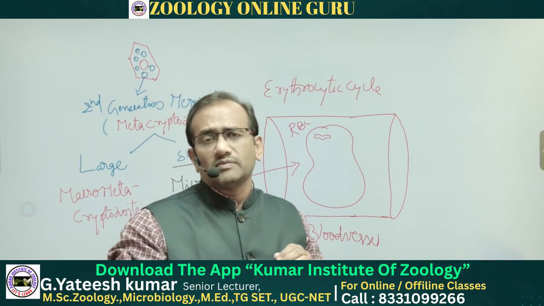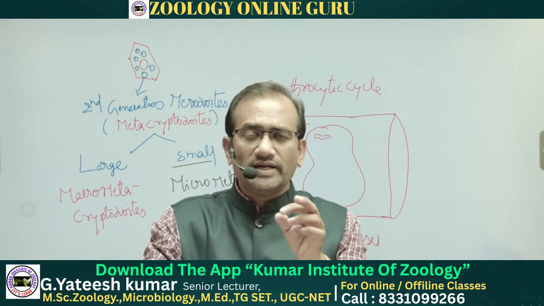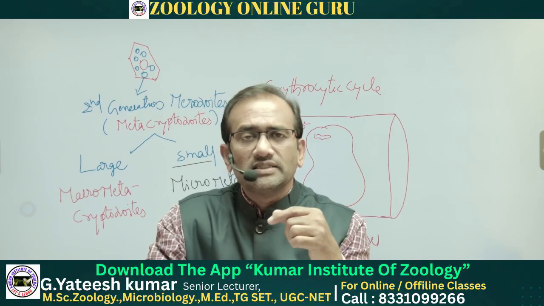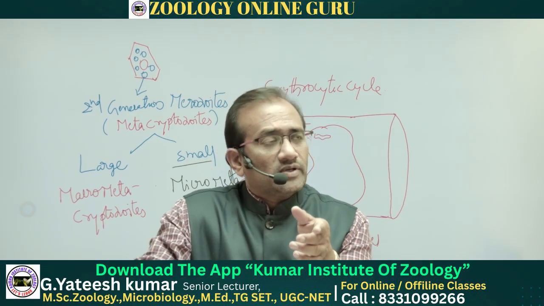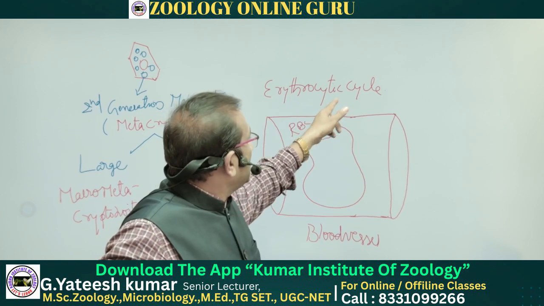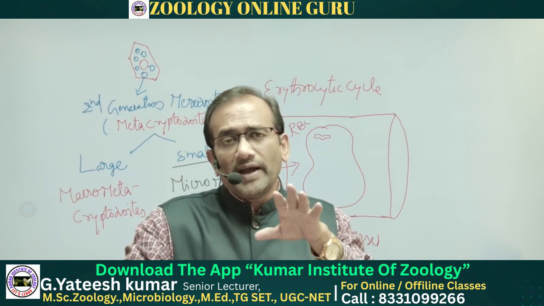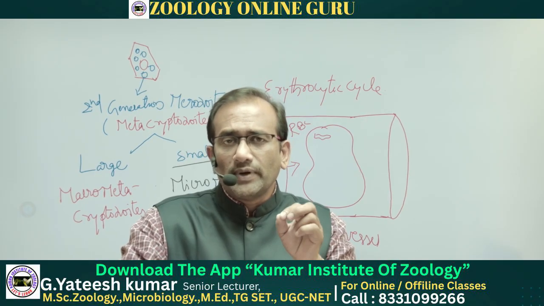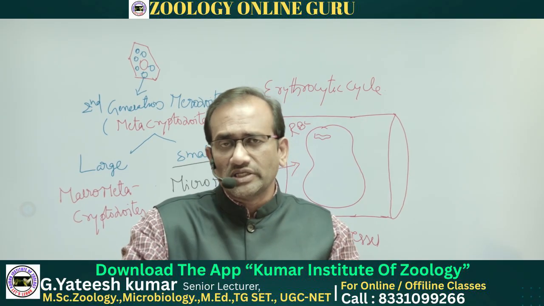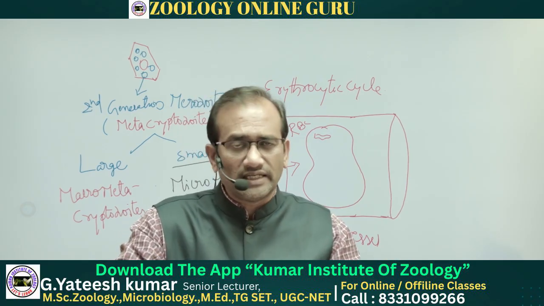In human beings, Plasmodium vivax undergoes schizogony in two parts. One is hepatic schizogony, the second one is erythrocytic schizogony. Erythrocytic schizogony is present in the blood, whereas hepatic schizogony is of two types or two cycles: the pre-erythrocytic cycle and the exoerythrocytic cycle.